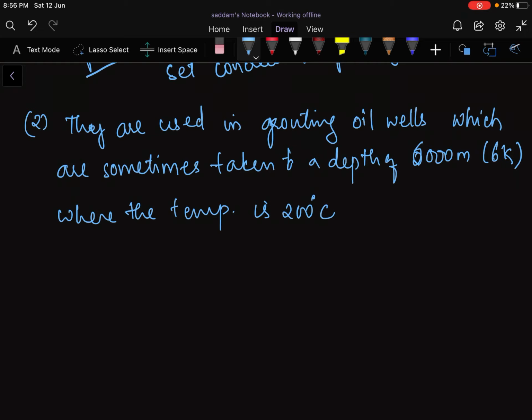Okay, because we are going to a depth of 6,000 meters below the earth surface, that is nothing but 6 kilometers down inside the earth. Why? For grouting oil wells, where the temperature is about 200 degrees centigrade. So in that situation, while transporting the concrete to a depth of 6 kilometers in that high temperature, the concrete will set.